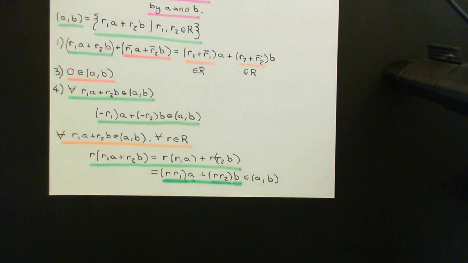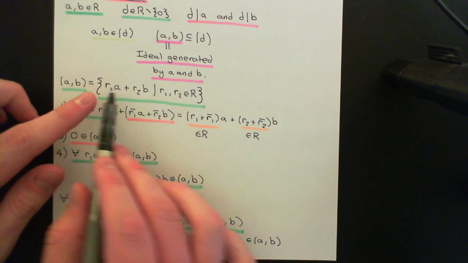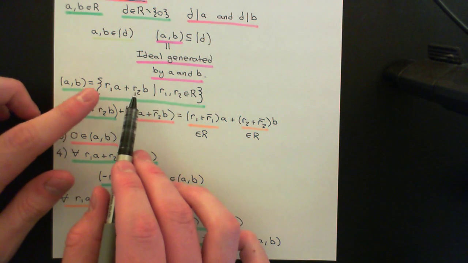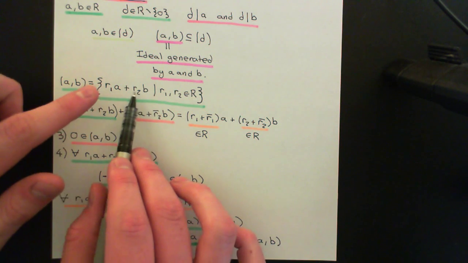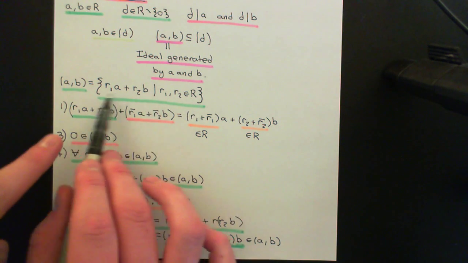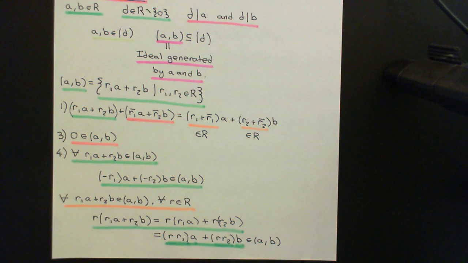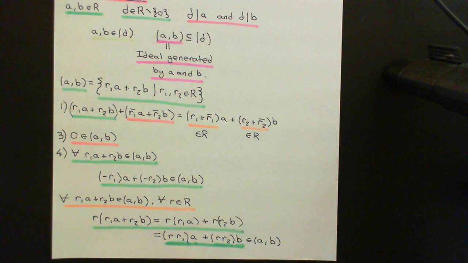Okay, so this is going to be in the ideal generated by A and B. So this subset of all of the elements of this form: you go through and you let R1 and R2 vary over every single element of the ring. You take every possible combination R1 and R2 that you can come up with from the ring, construct the answer to R1 times A plus R2 times B, get all of those answers, stick them all into this set, and that set is actually going to end up being an ideal.